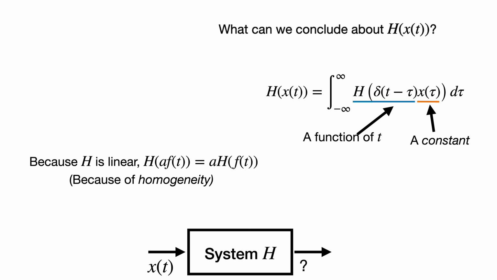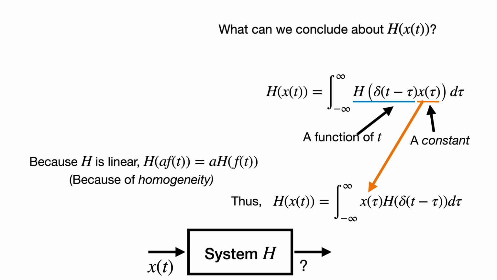But x of tau for any given tau is a constant. We brought H inside the integral, so for all H cares about, x of tau is a constant. So as a result, we can pull x of tau out of our system because it's really just a scaling factor. And that's what we're going to do here. We're going to pull x of tau out using homogeneity, and we're going to let H just depend on the shifted version of our delta function.